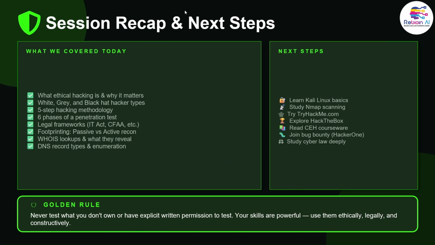We walked through the 5-step methodology that every ethical hacker follows and the 6 phases of a professional penetration test. We talked seriously about the legal framework, the IT Act, CFAA, GDPR, and why you must always have written permission. And we did live demos of passive reconnaissance using Shodan, Whois, DNS enumeration, and Google Dorking.